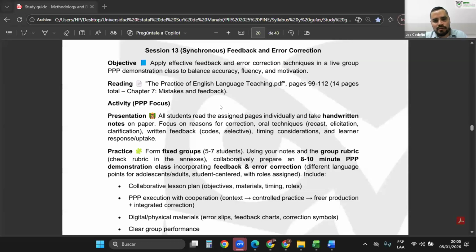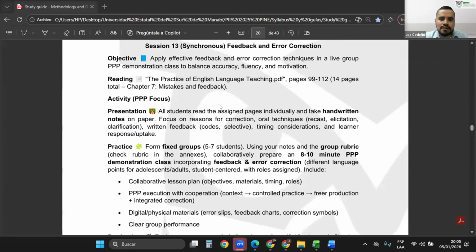Okay, I hope you all had time to do the reading and the revision of your notes. Now it's time to prepare your demo class. Remember that for the demo class, you need to consider having the lesson plan format. You also need group participation in the way that everybody cooperates.